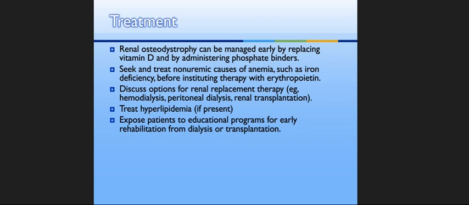But nowadays, it must be treated for the sake of the heart because it is still a risk factor. Expose patients to educational programs for early rehabilitation about dialysis and or transplantation. We have to educate our patient about his disease and about the future of his disease.